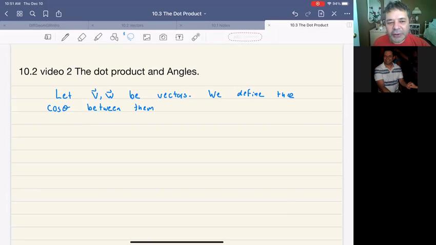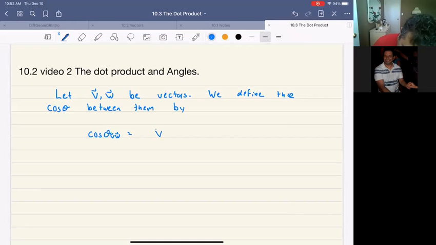So we define the cosine of theta between them by the cosine theta. I like to write VW, but I don't think you really need to. And that's going to be V dotted with W divided by the magnitude of V, magnitude of W.